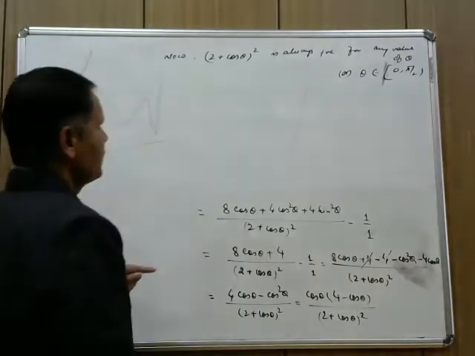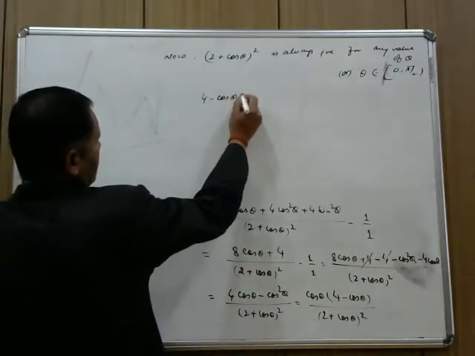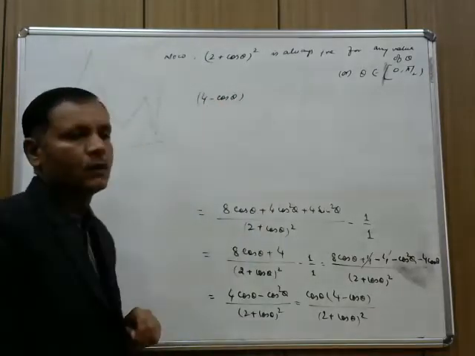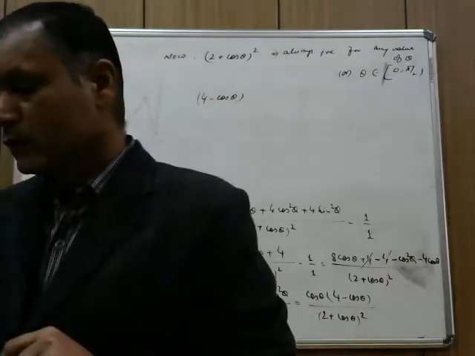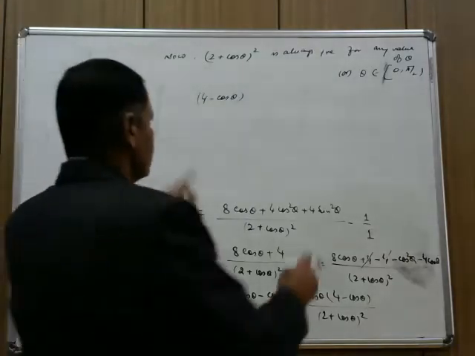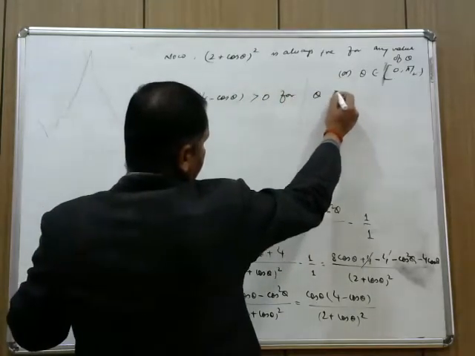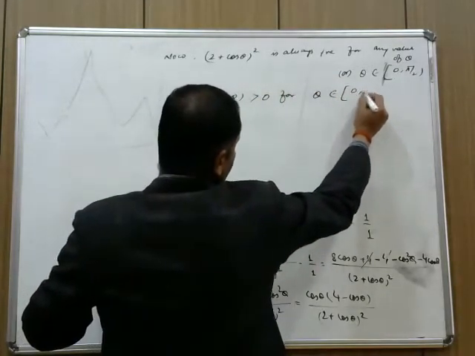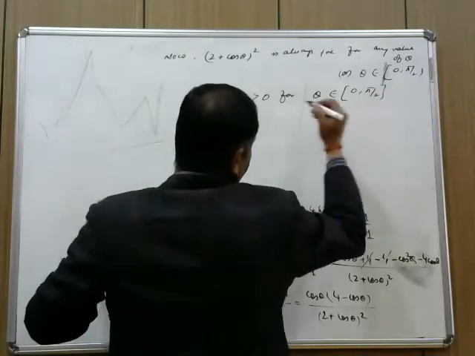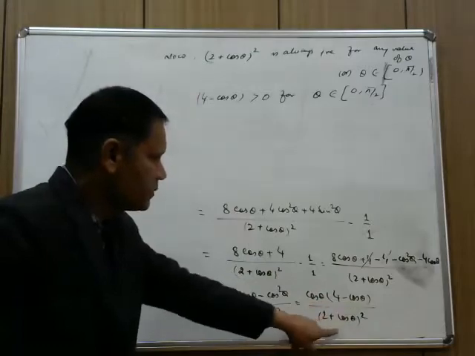Second part we have 4 minus cos theta. What about 4 minus cos theta? 4 minus cos theta is also greater than 0 for theta belonging to 0 to pi by 2. Then this is also positive, this is also positive.